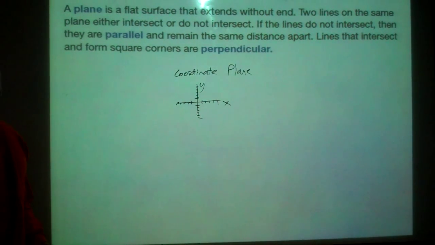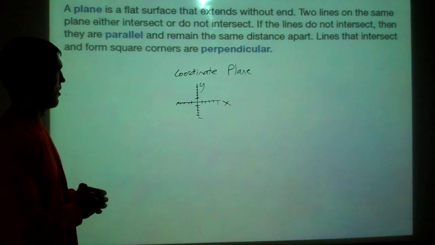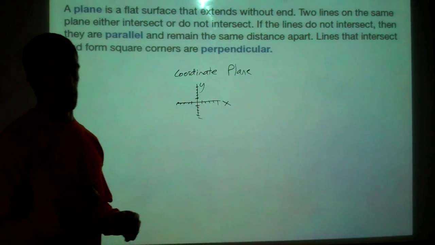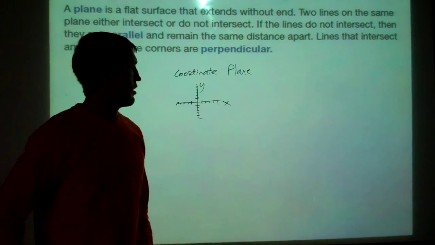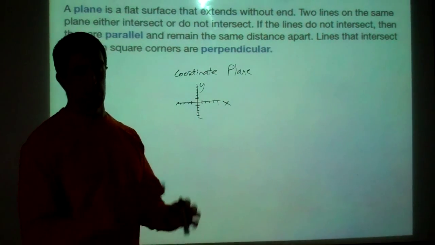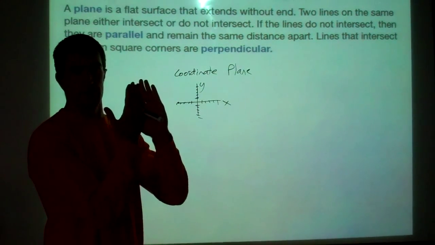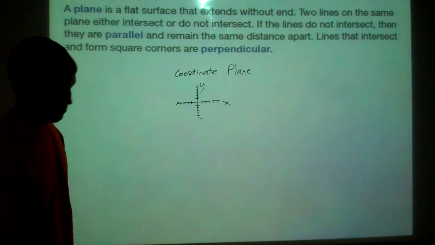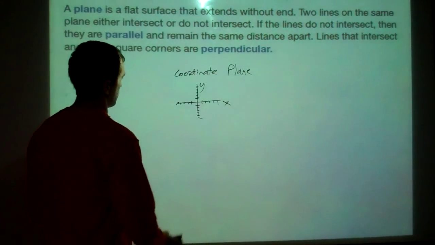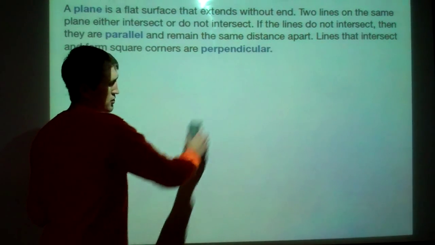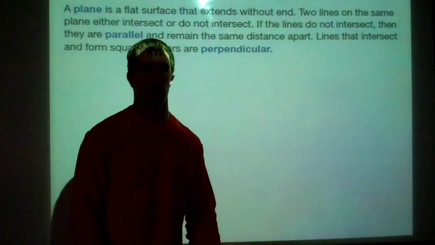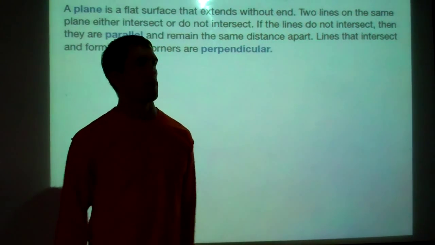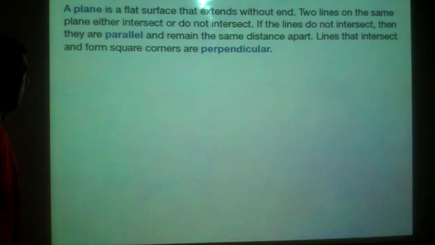Extends forever in two directions. It's a two-dimensional figure. So planes are two-dimensional. It's when we start putting planes together, like walls, that's when we get some three-dimensional shapes. But we're not really talking about that yet. So a plane, yes, a flat surface, a two-dimensional surface that extends forever. So keep that in mind.